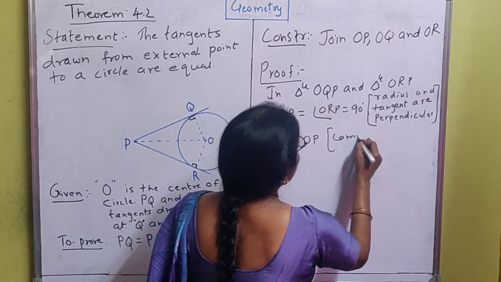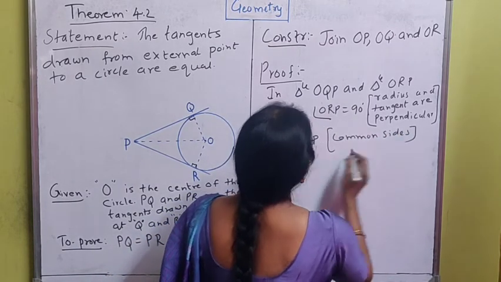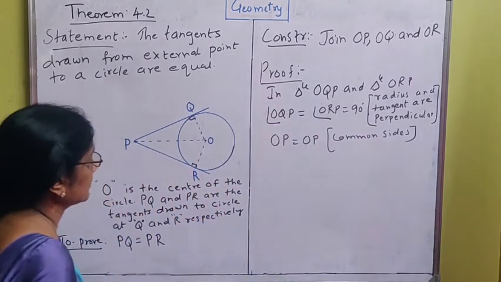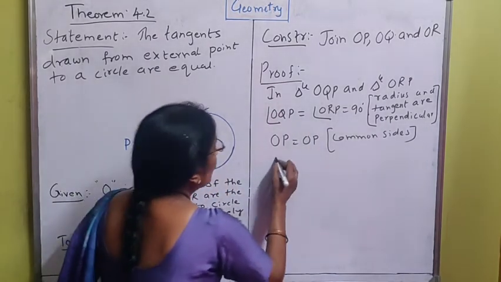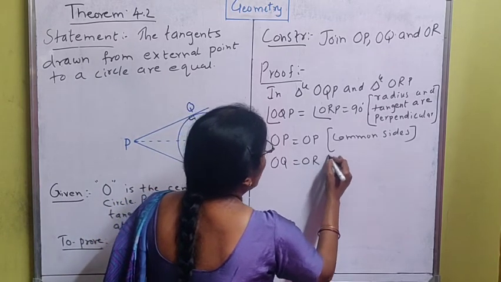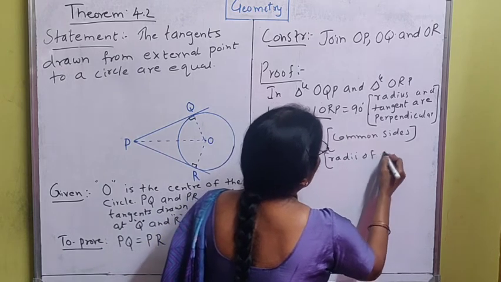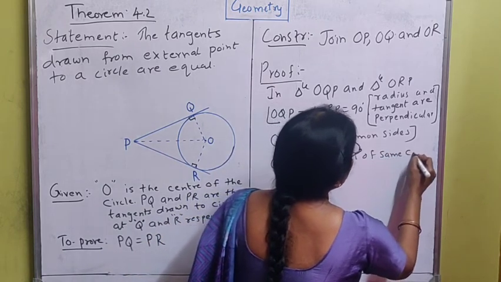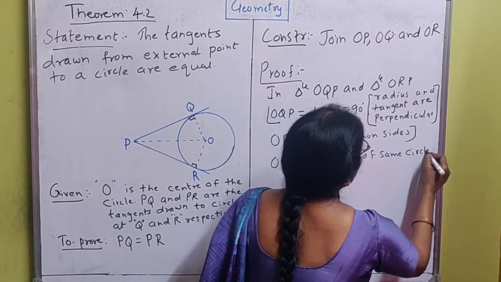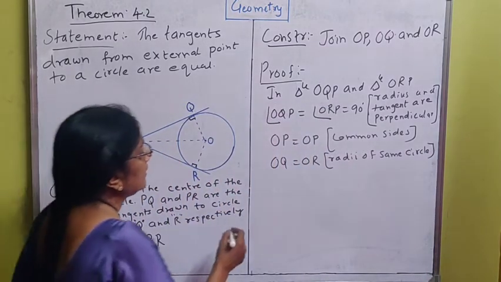Why? Because common sides are always equal, which is the hypotenuse. Then OQ is equal to OR. The reason: radii of the same circle. I told you, in a circle all the radii are equal.